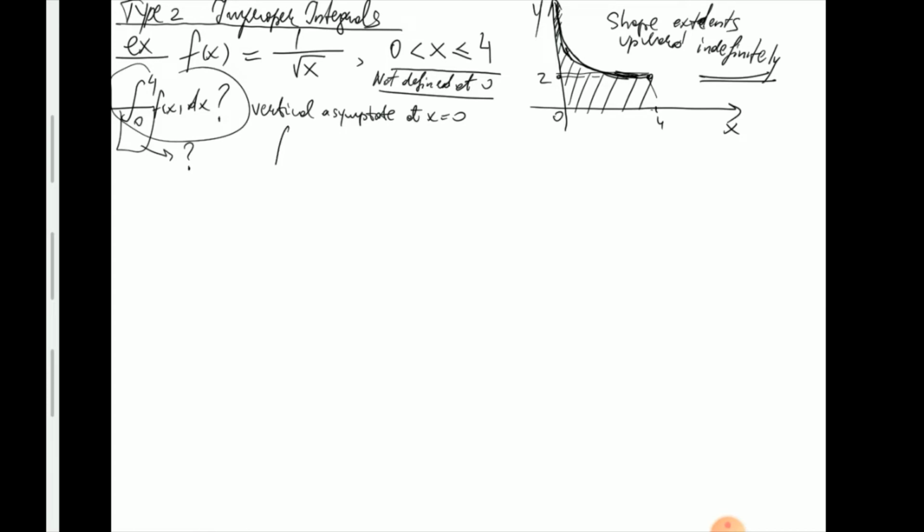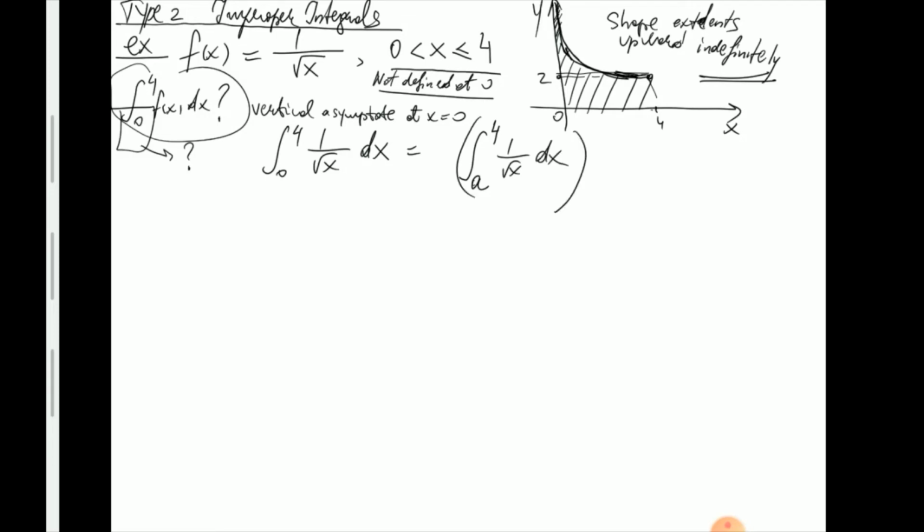So to answer the question, what could be the integral from 0 to 4 of 1 over square root of x dx? Just like before, we're going to replace the lower bound, which is the bound where the function doesn't exist, with a variable. Let's call it a. We're going to do the integral as we normally do.